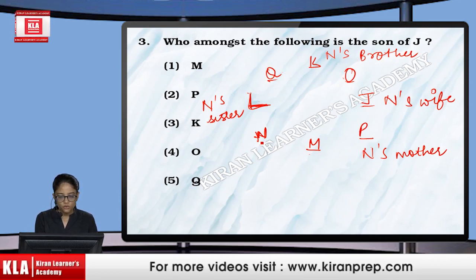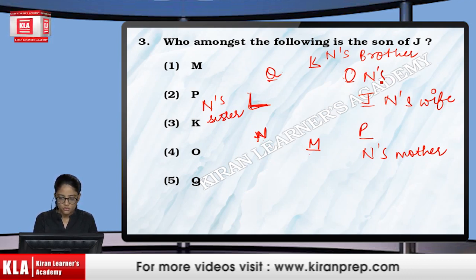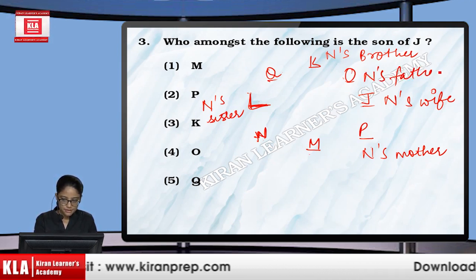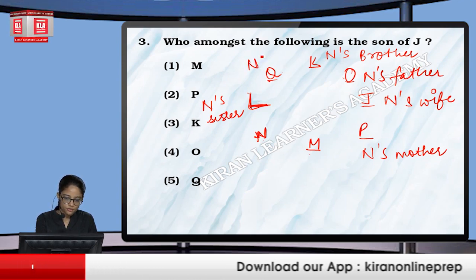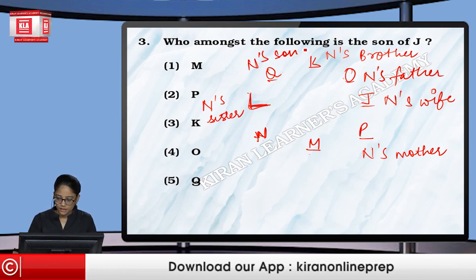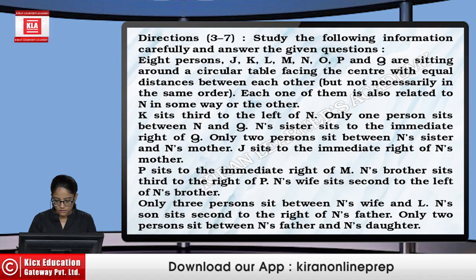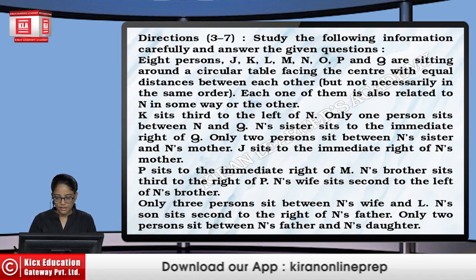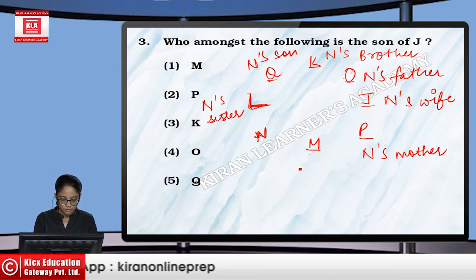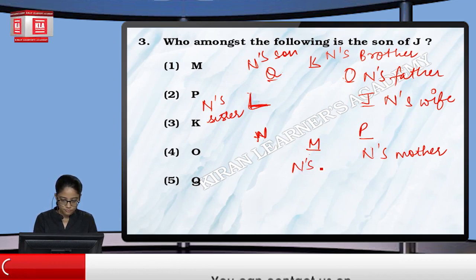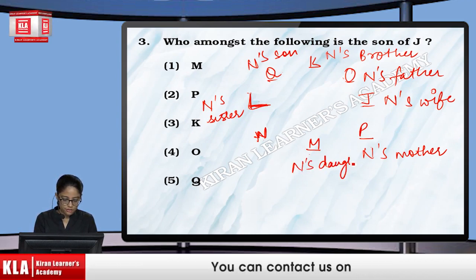So if we make father over here, then O will be N's father, which is sitting second to the left of N's son. And what we are left with, only 2 persons sit between N's father and N's daughter. So M is N's daughter.